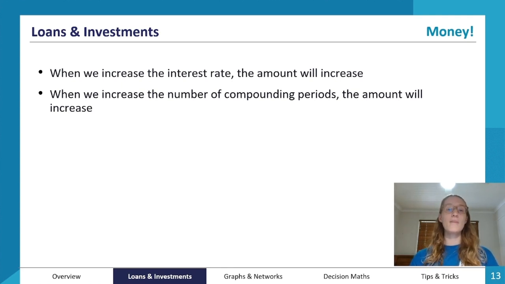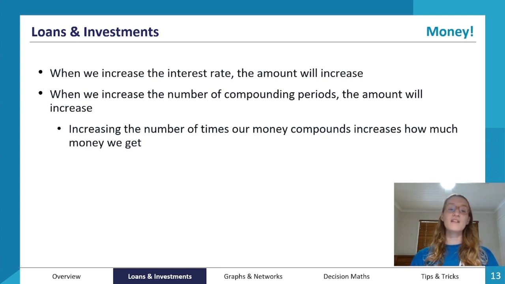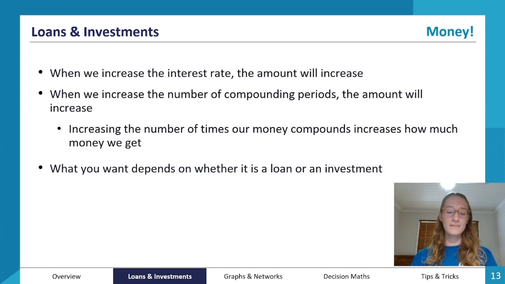So if it compounds once per year, compared to if it compounds 12 times per year, compounding more times per year, for example 12 times per year, means the amount will increase more. Like I said, increasing the number of times our money compounds equates to increasing the amount of money that we get from that.